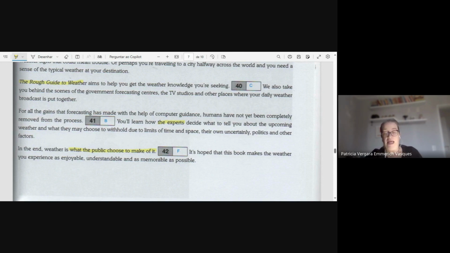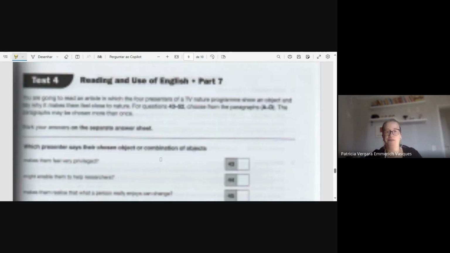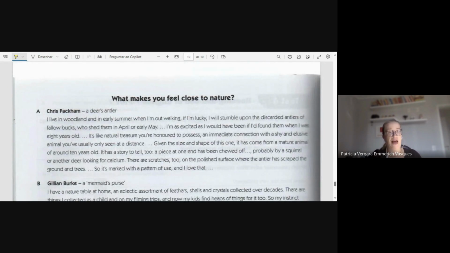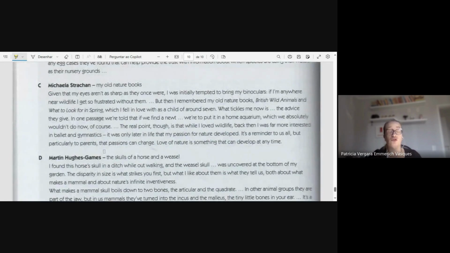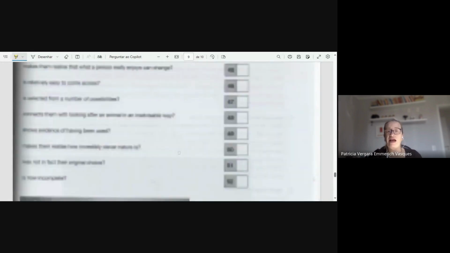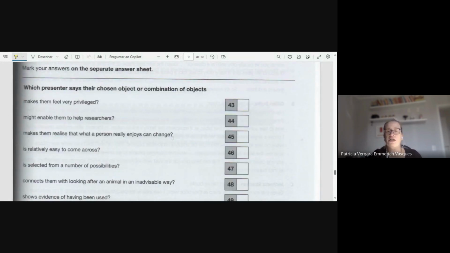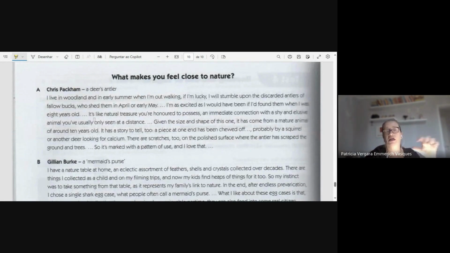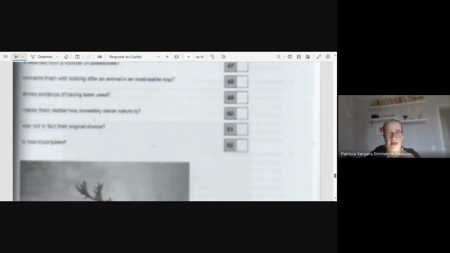Okay? The last part, 7, here you have speakers, usually 4, A, B, C, and D, okay? And you have sentences that are given, questions that are general, and then you have to say, oh, this sentence is said in this extract of this person here, okay?